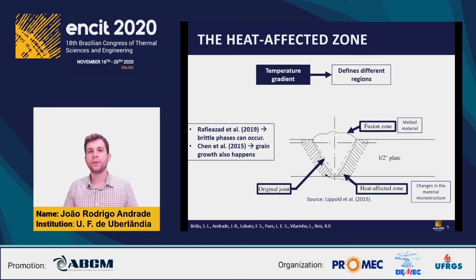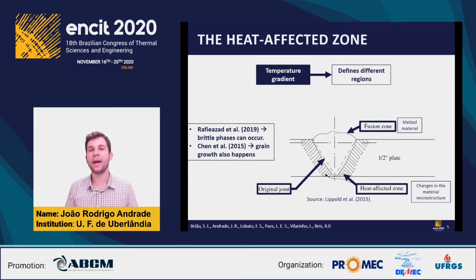Here we state that a thermal analysis of a weld procedure starts at the fusion zone, the FZ. This area is constituted by the melted material. In the heat-affected zone, there are changes in the material microstructures.